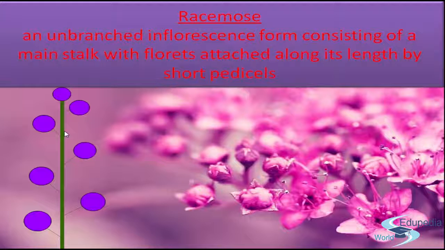Please refer to that presentation also. Here, just know that this is an unbranched inflorescence consisting of the main stalk with florets attached along its length by short pedicels. These are your pedicels which attach the flower to the stem.